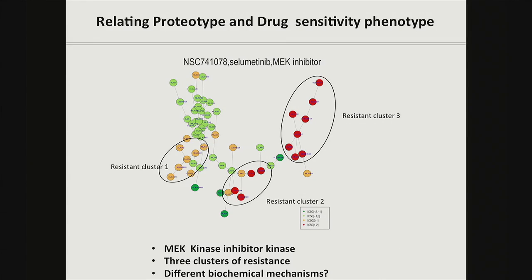Each dot here is one of the NCI60 cell lines, and where the cell lines are in this graph, whether they're close together or not, indicates how close they are to each other at the level of the proteome map. So this cell line here would have a quite different proteome than this cell line here, because it's far away in the graph, and it's far away in the proteotype map.